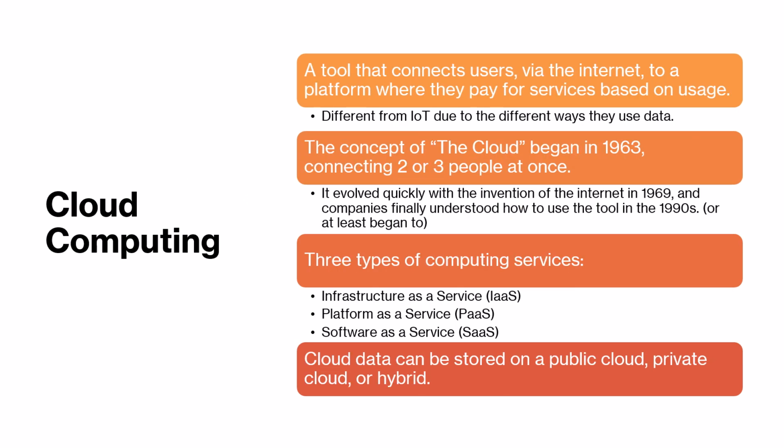In a similar internet pool, there is the cloud computing option. Cloud computing is a tool that connects users via the internet to a platform where they can pay for services based on usage for computing data.